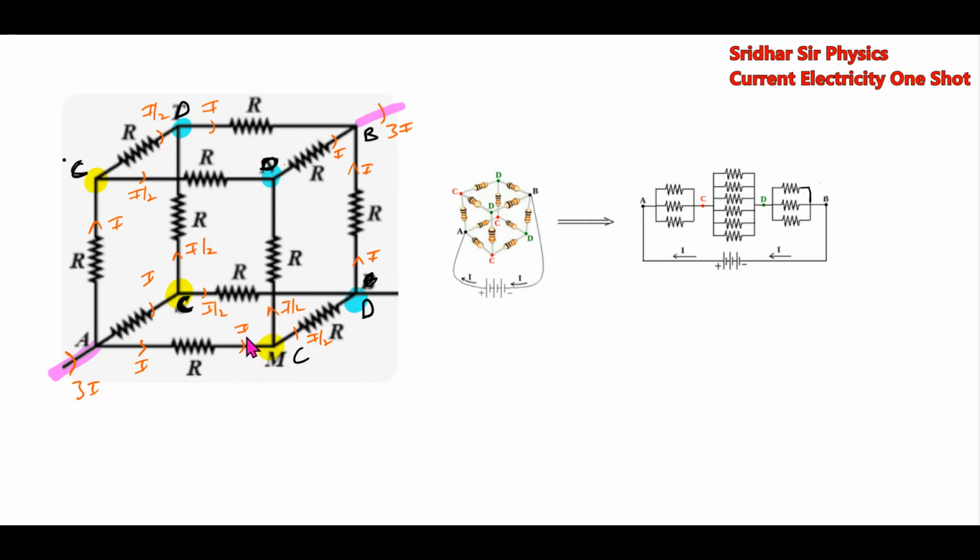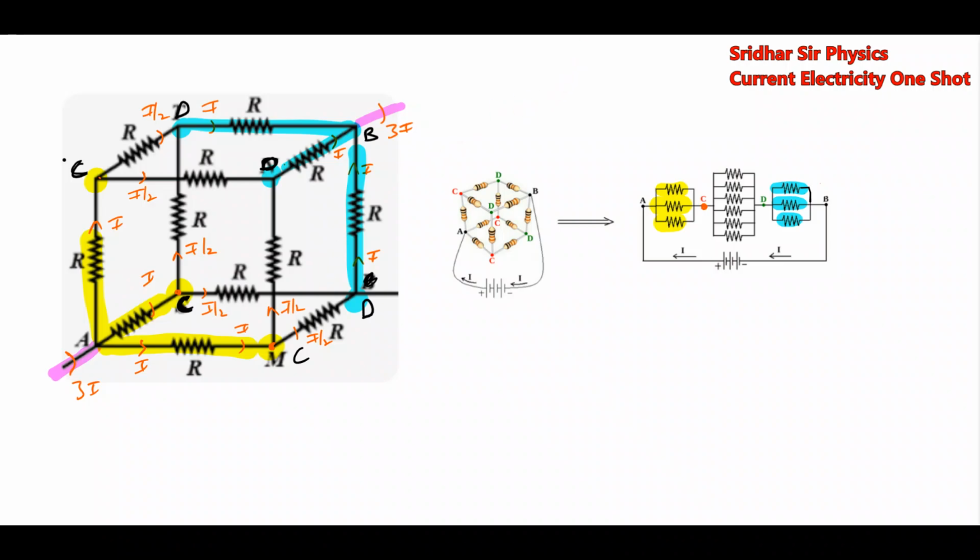Then if you see the potential, the potential of these points will be the same. So we are making them equipotential, joining them. Between A and C, one resistor. These resistors will be drawn like this. Then the DB resistors are connected here.